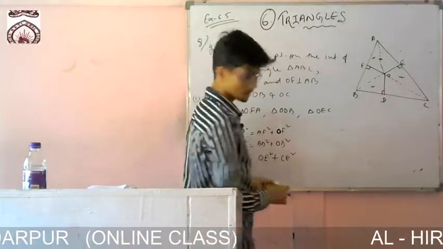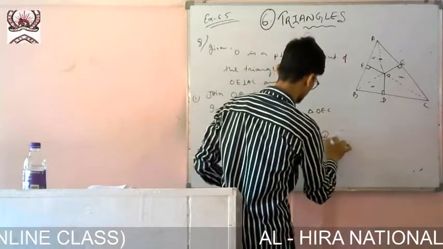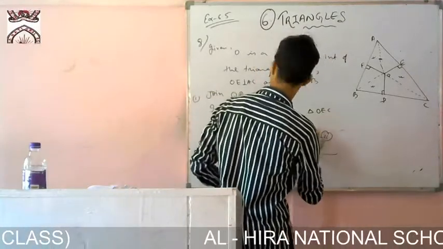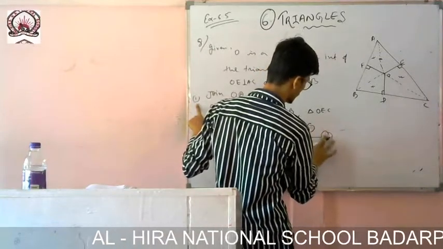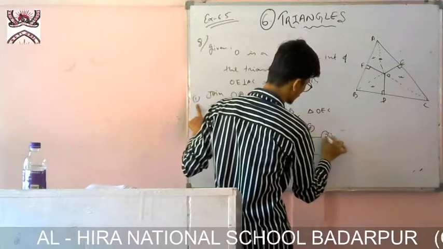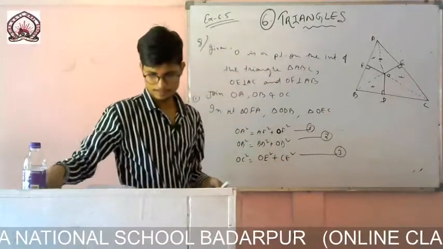Equation 1, 2 and 3. The Roman numerals are given, so numerically you give 1, 2 and 3. If I just add them, I will get the answer.